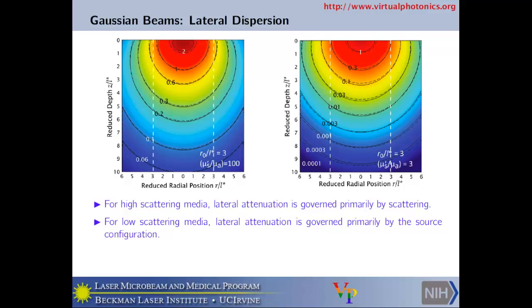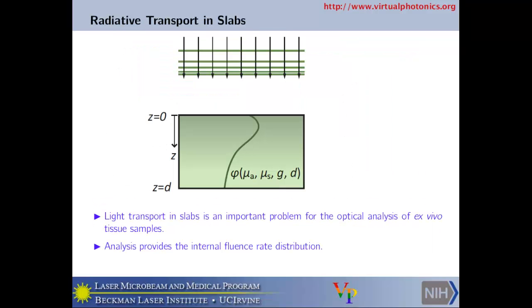And so to finish up, I just have really one more case I want to talk about a little. This case is really important for diagnostics as well as for extracting optical properties from ex vivo tissues.